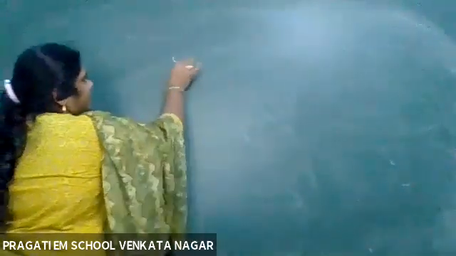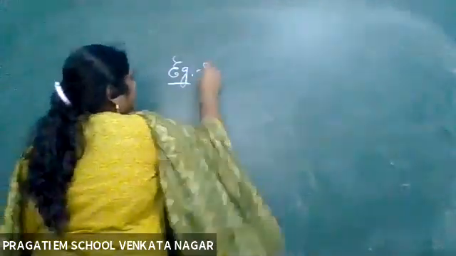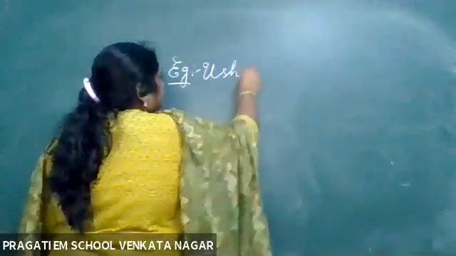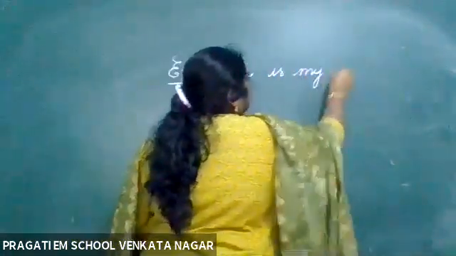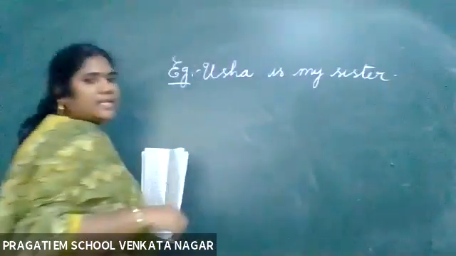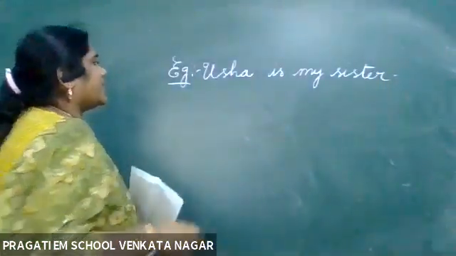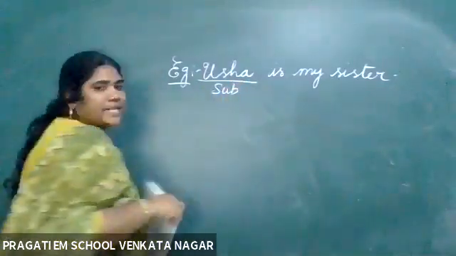For example, Usha is my sister. This is a sentence. What is the subject here? Usha is the subject.